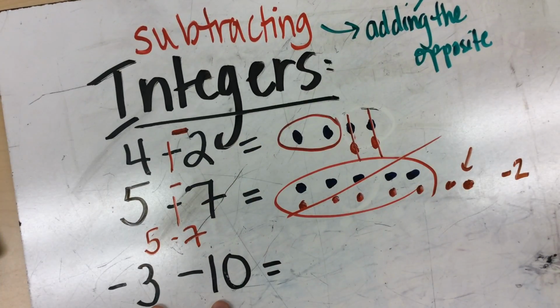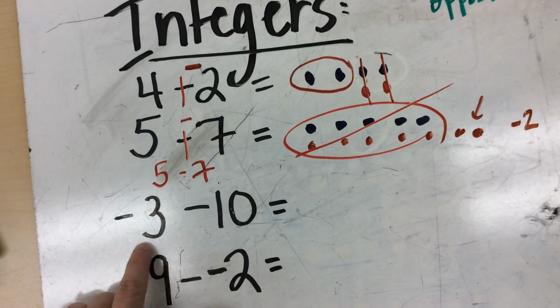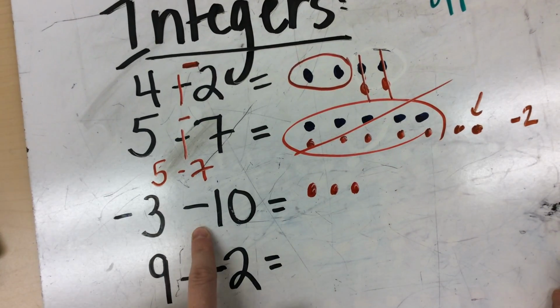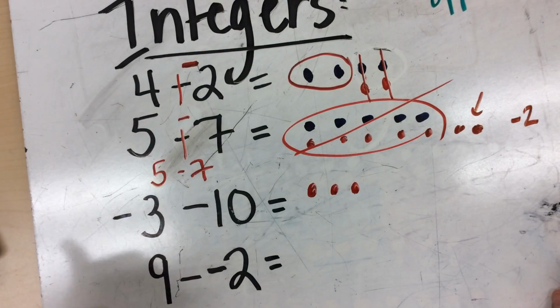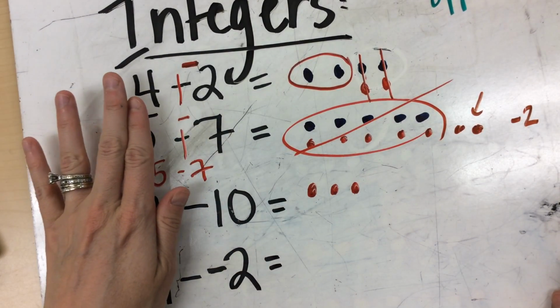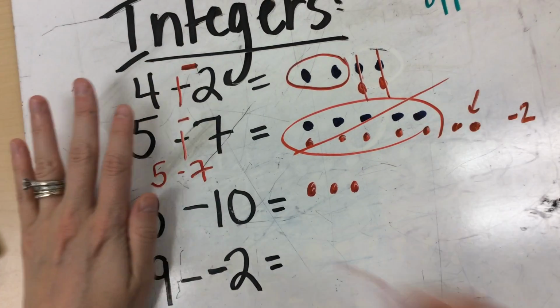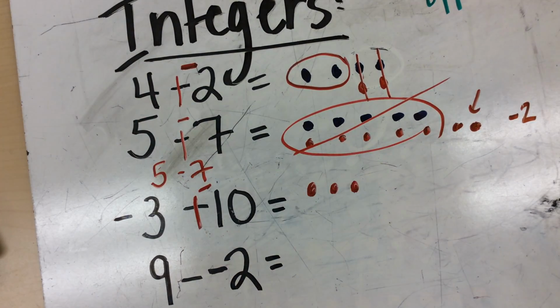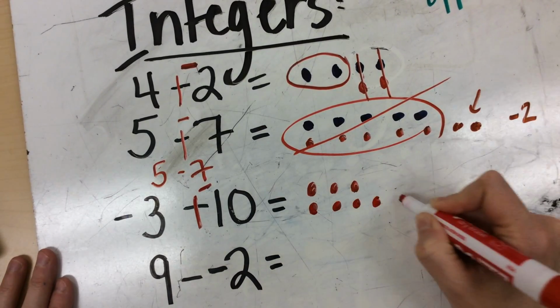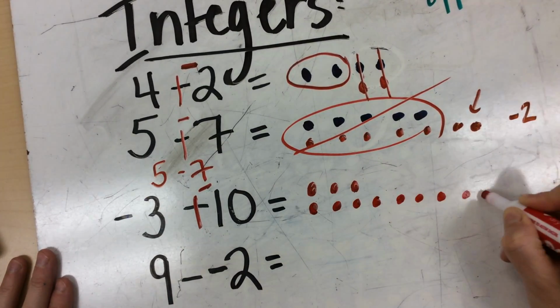So let's look at it in another situation. And this time we're going to have 3 negatives to start. So here I am, 1, 2, 3 negatives. But I still have this value, but I have to subtract 10. Well, subtracting 10 would be the same, we're saying, as adding 10 negatives. So I'm going to say 1, 2, 3, 4, 5, 6, 7, 8, 9, 10.